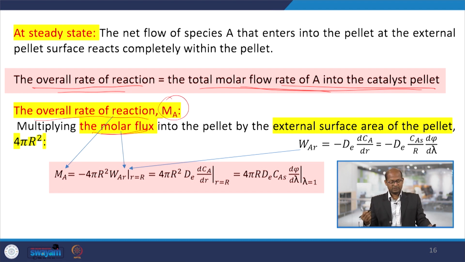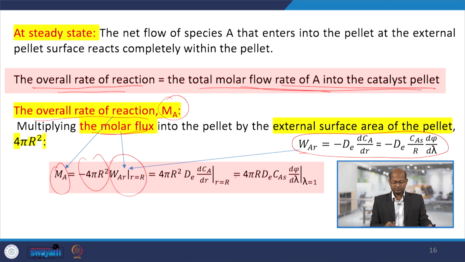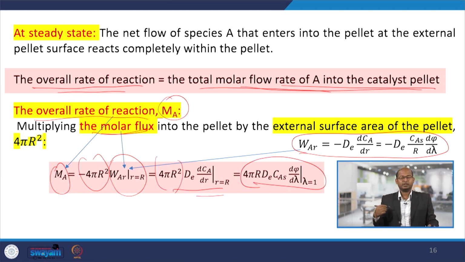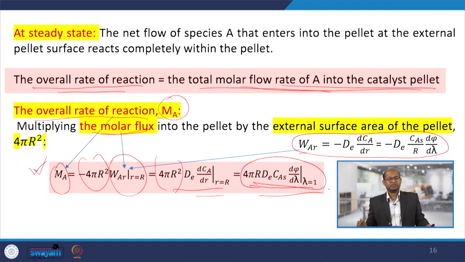If you multiply the flux by the cross-sectional area, we get the rate of change per unit time. So we multiply the dimensionless flux with the area, and express the overall rate of reaction MA in dimensionless form at lambda equals 1.